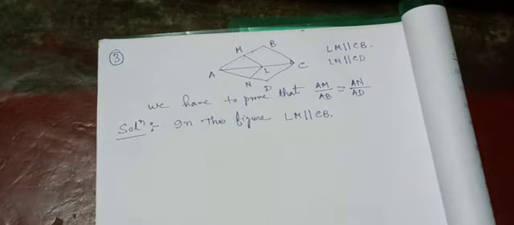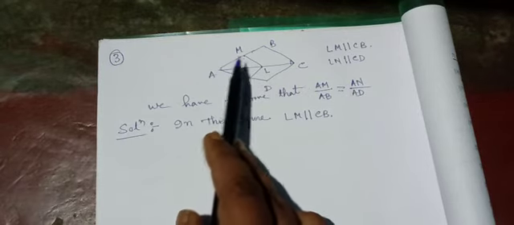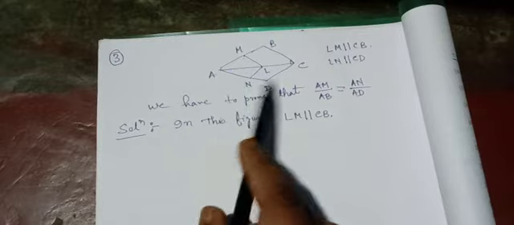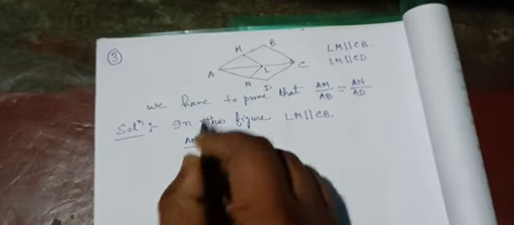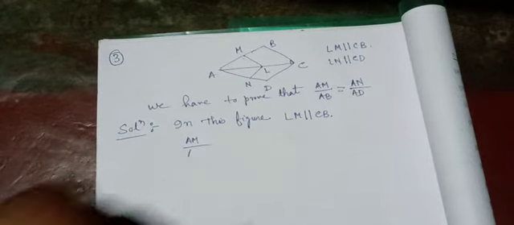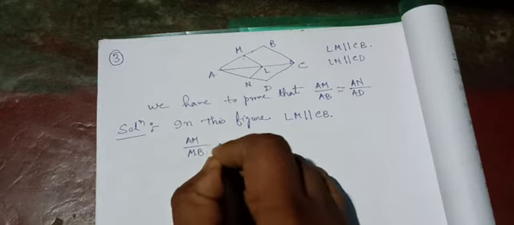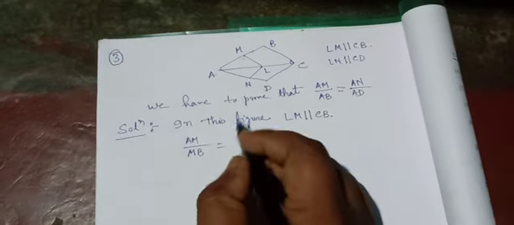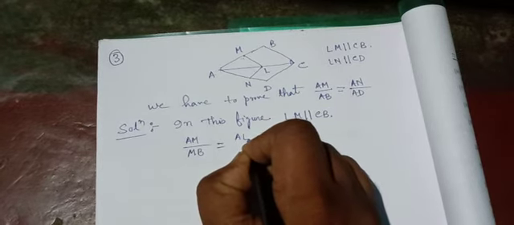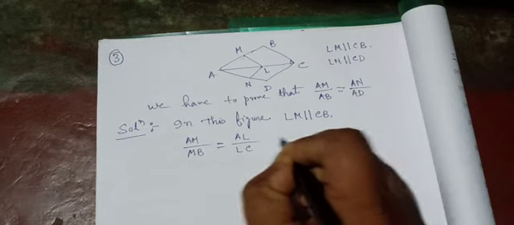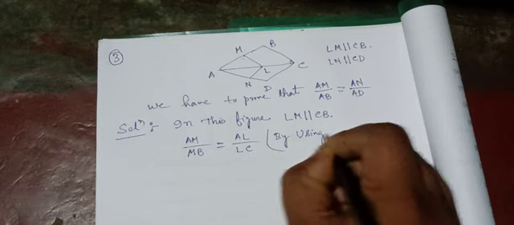So that means AM by MB is equal to AL by LC by using Thales theorem.